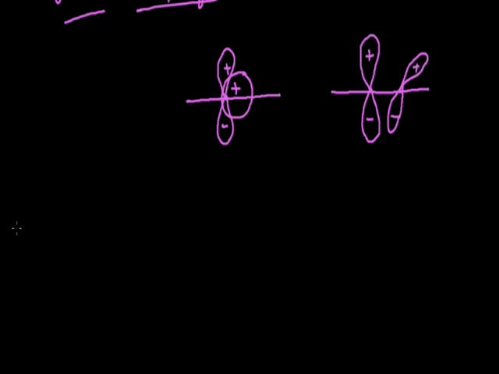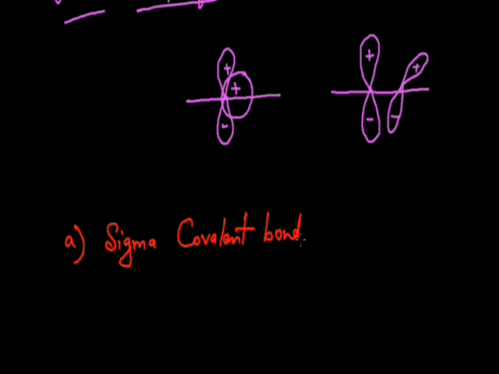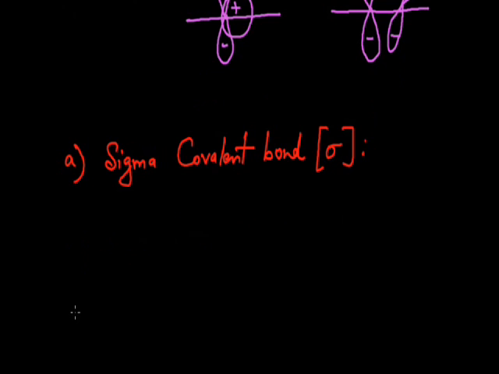Now, as a result of these overlappings, some covalent bonds are being formed. There are two types of covalent bonds which are formed due to these overlapping. The first one is sigma covalent bond. Sigma bond is formed due to the axial overlapping of half-filled atomic orbitals.